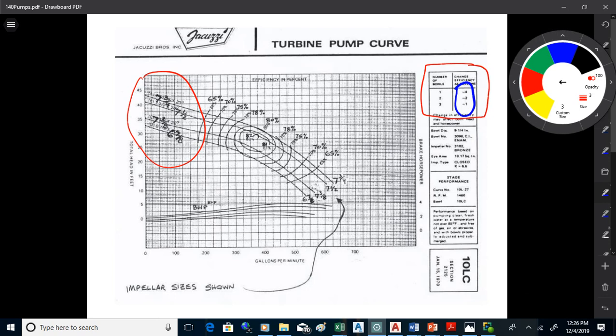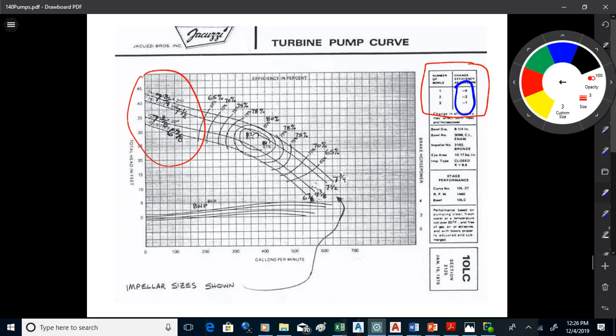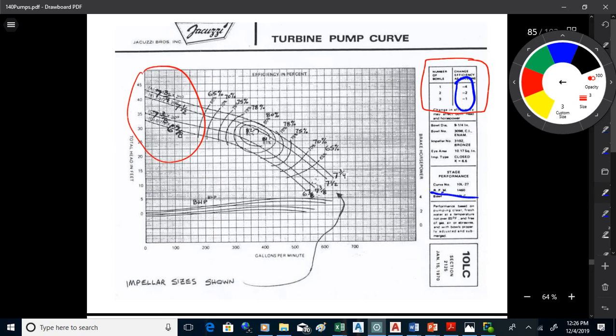They give you some information about the bowl diameter. They give you the RPM, 1460 RPM, down on the right-hand side. And they also give you the brake horsepower for each of those impellers. But the basic setup is pretty much the same.